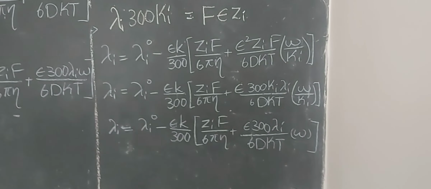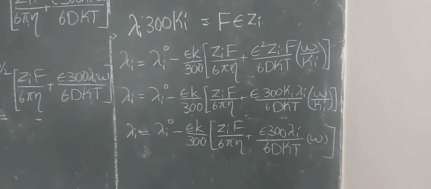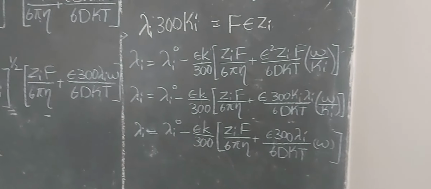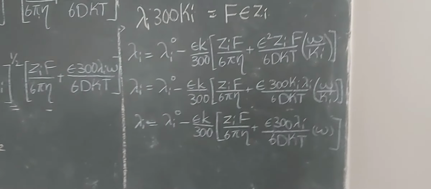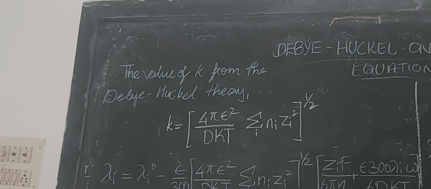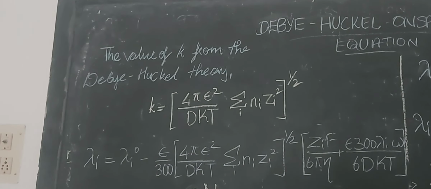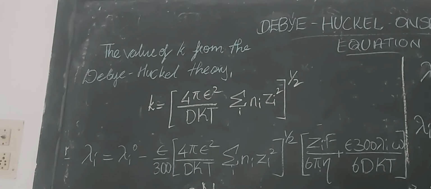So after this, what should we do? What is k? The value of k from the Debye-Huckel theory which we found from the theory is k equal to 4 pi epsilon square divided by d kappa T into summation of n_i z_i square, in the power of 1 by 2.